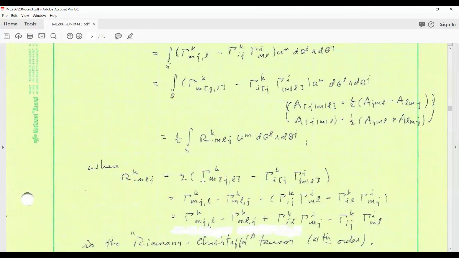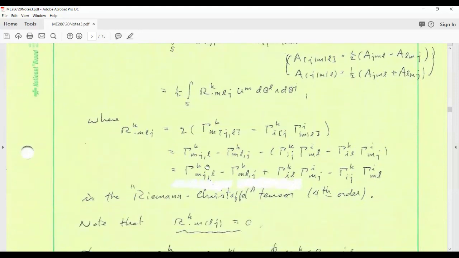So we have this complicated looking expression involving not only the connection coefficients as products, but also their partial derivatives in this combination.